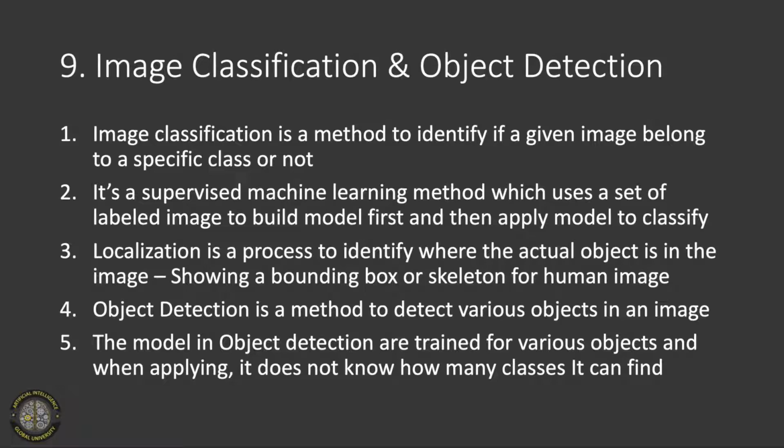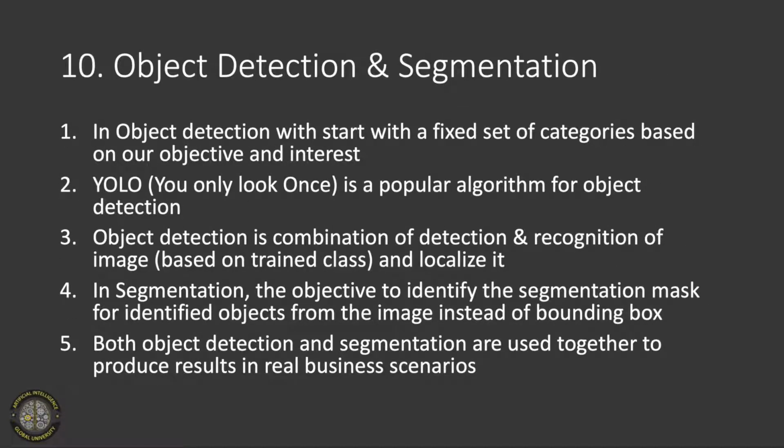So our next and last concept in this presentation is object detection and segmentation. In object detection, we start with a fixed set of categories based on our objective and interest, because depending on where you are applying it, whether it's on nature, a scientific experiment, or a very restricted environment, you train the system for all those classes, and then you go from there.